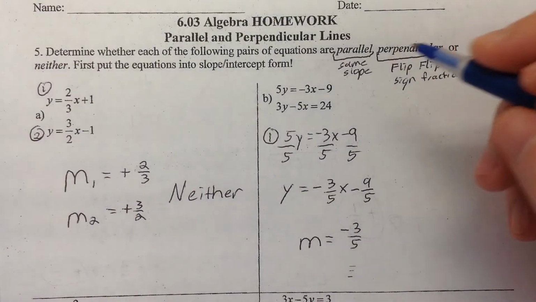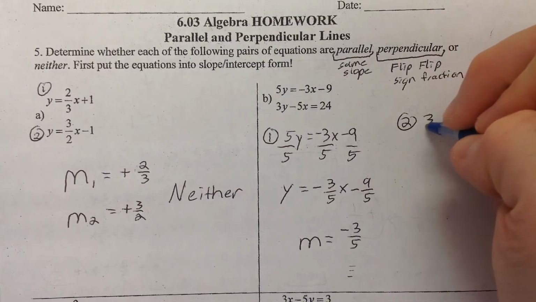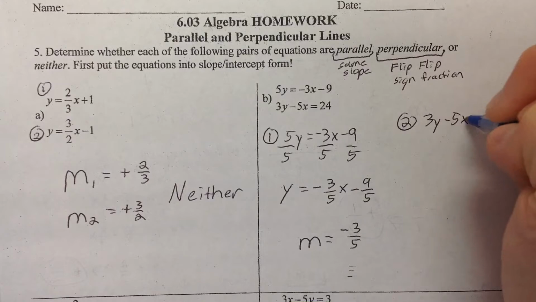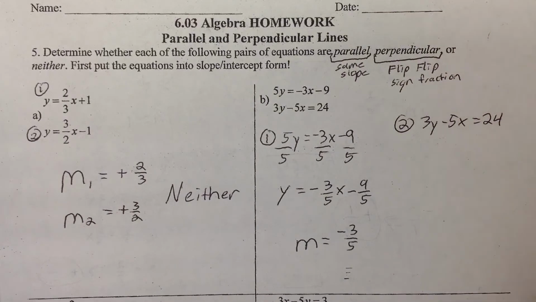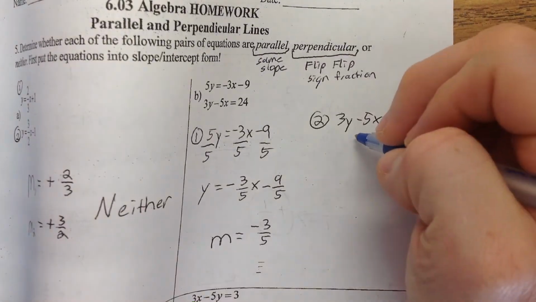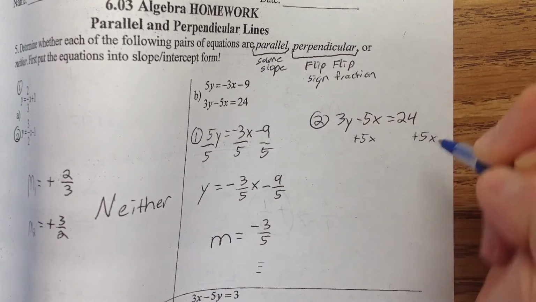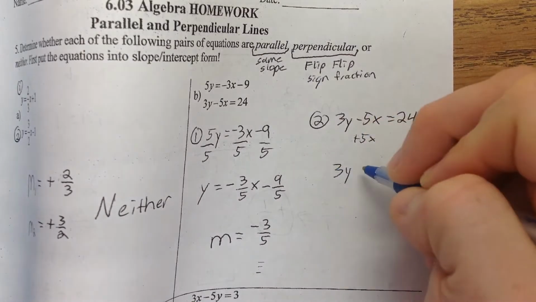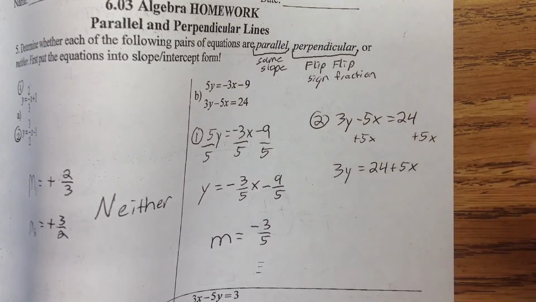All right, now let's take a look at equation 2. Equation 2 is 3y minus 5x equals 24. So let's see what we got here. We're going to add 5x to both sides. We're going to get 3y equals 24 plus 5x.